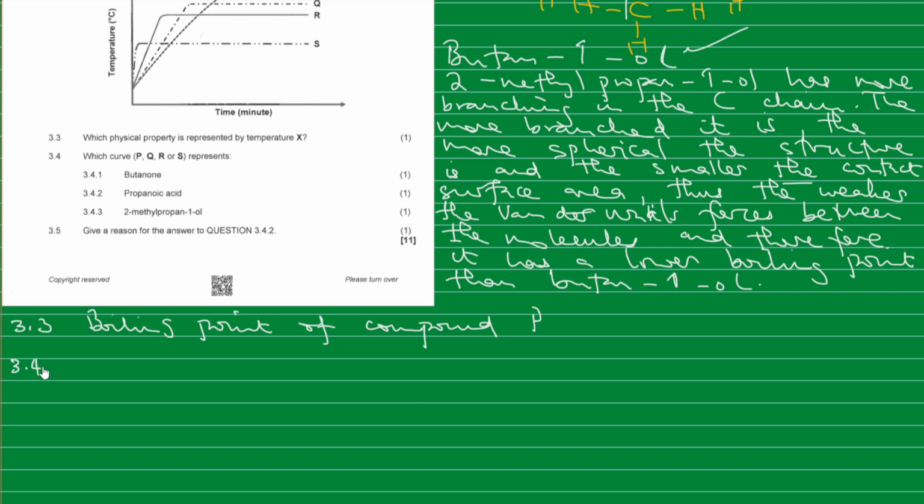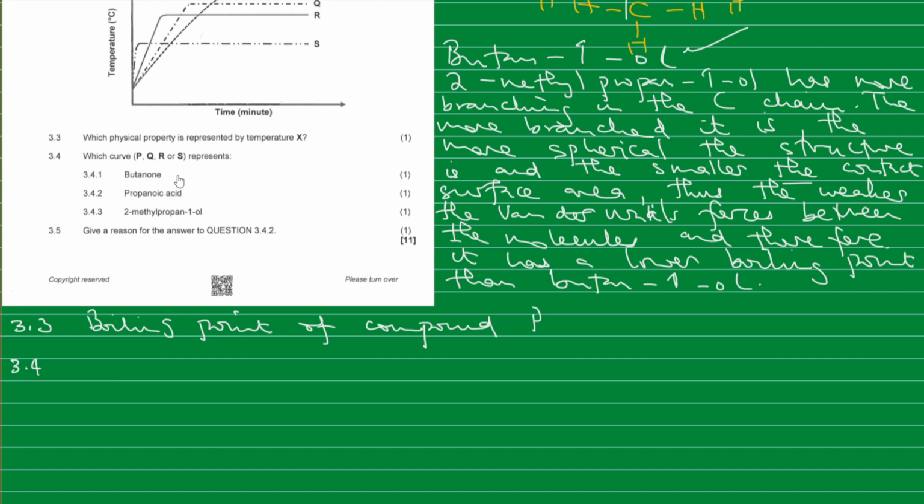Then 3.4, which curves P, Q, R, and S represents butanone, propanoic acid, and 2-methyl-propan-1-ol. Give a reason for the answer to question 3.4.2. Now here, what you can do is, let's identify them according to the homologous series.